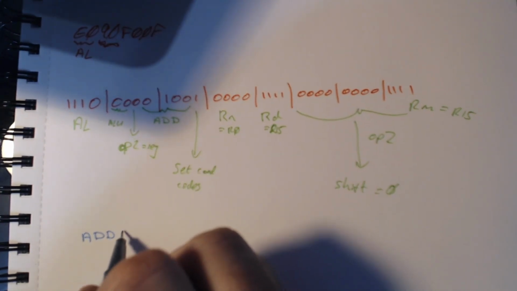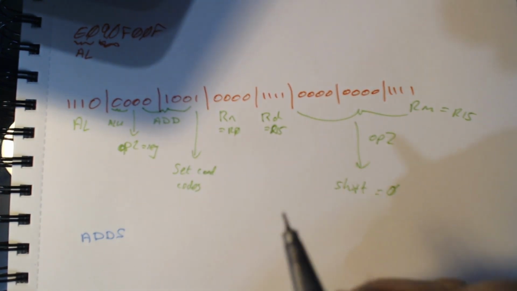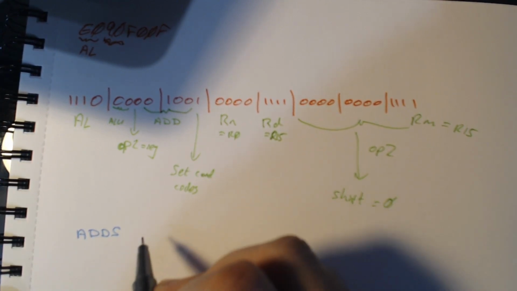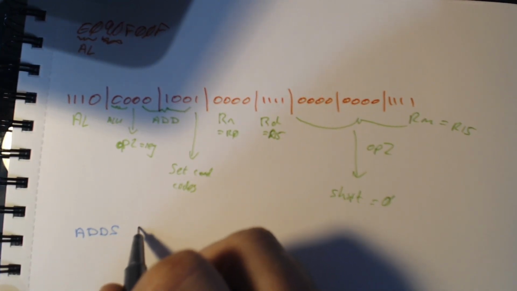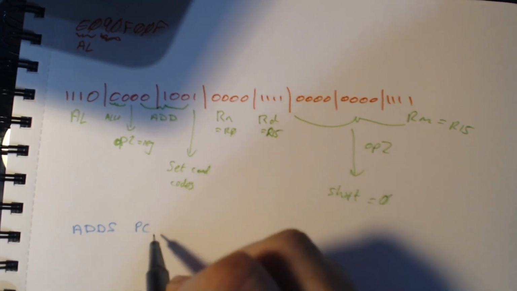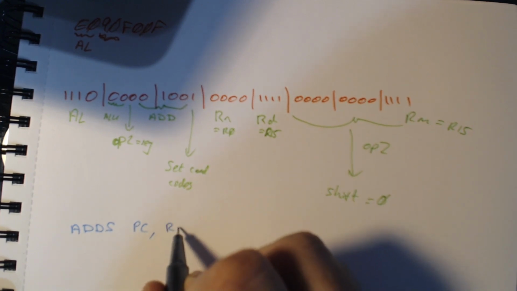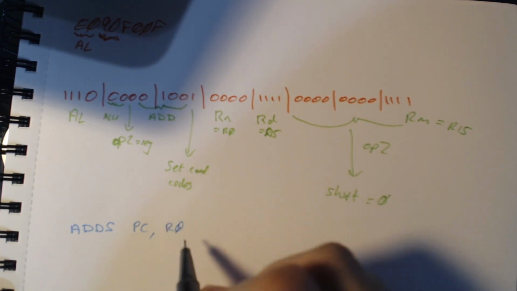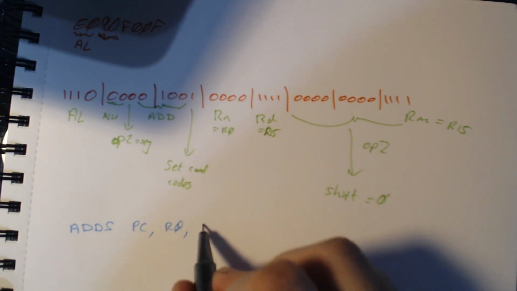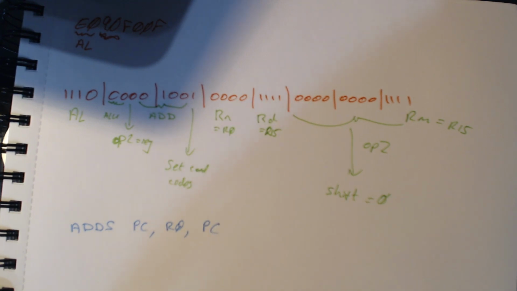Add with an S, because it sets the status bits. PC destination, Rn R0, PC.